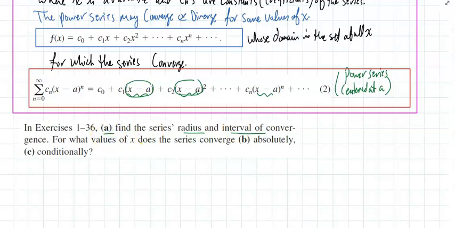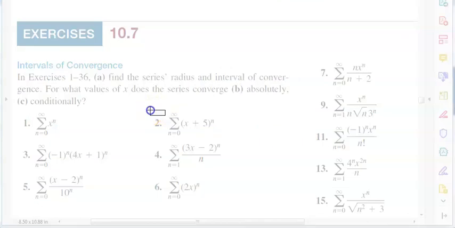That's part A. Part B, figure out for what values of x does the series converge absolutely and conditionally. So we're looking for radius and interval of convergence, for which values of x is the series absolutely convergent and conditionally convergent. And this is going to be pretty much the majority of this section.